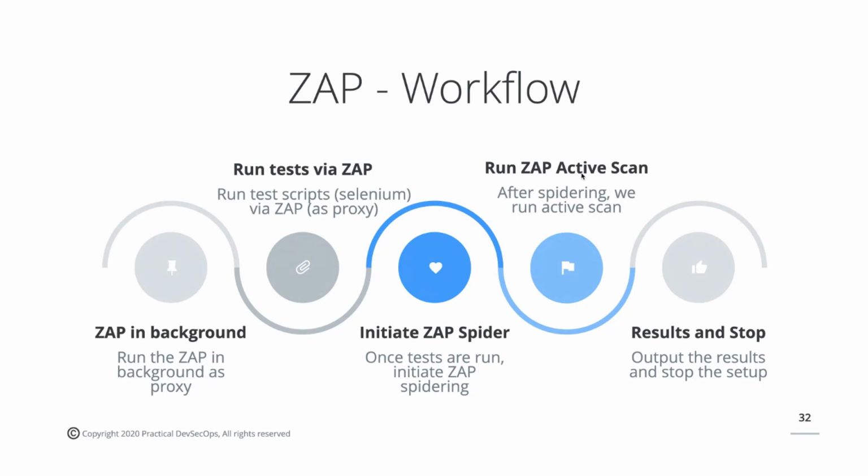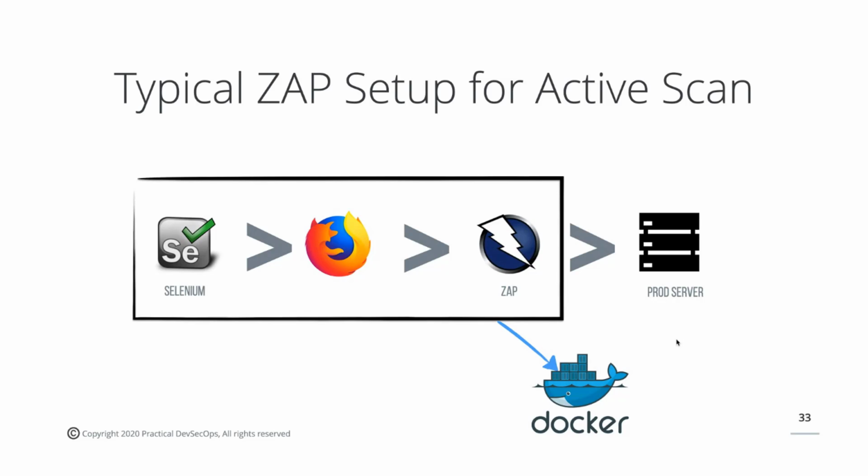Okay, so this is the typical workflow or life cycle of a ZAP active scan, and this is what we should be running as part of a CI/CD pipeline. Otherwise, traditionally you just run the ZAP active scan and get the results. Now these 3 extra steps are there because of DevSecOps and automation.